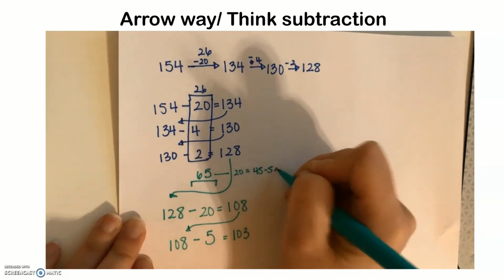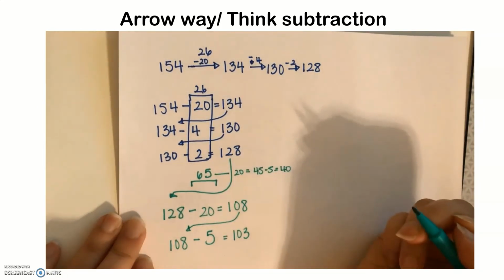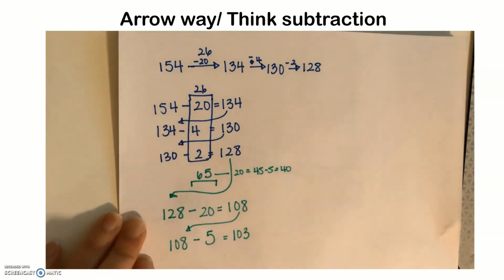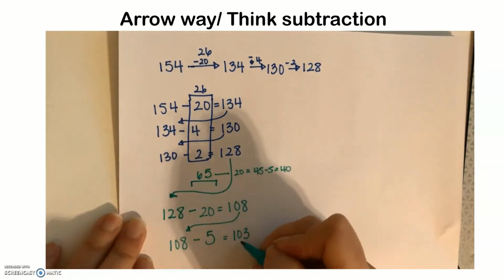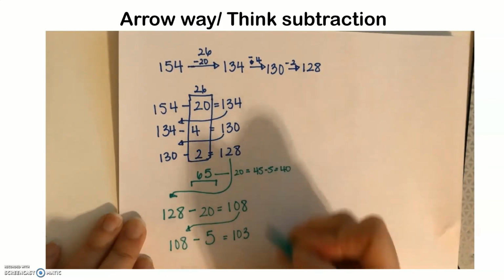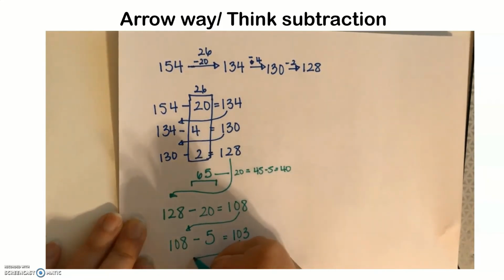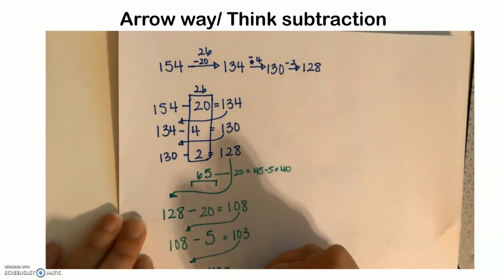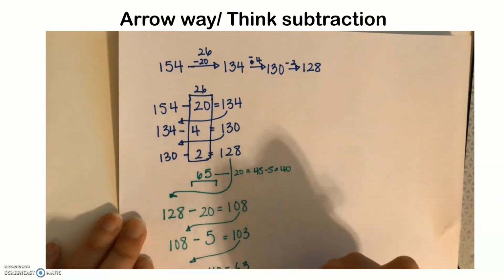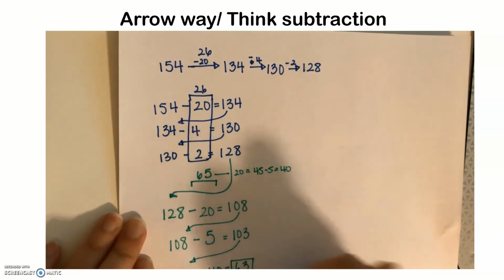We took away a 5, now we're down to 40. And now I'm thinking, should just subtract the full 40 because I know 100 minus 40. So for my advanced scholars out there, you can take away the full 40 and you would get down to 63. And that would be your answer.